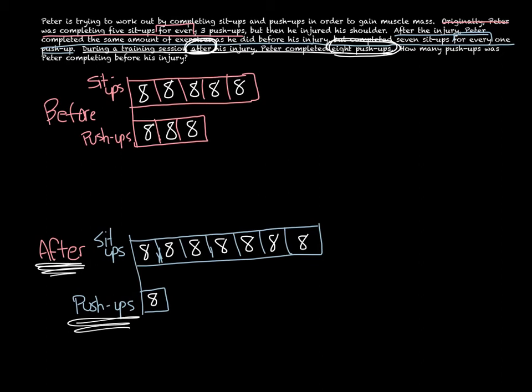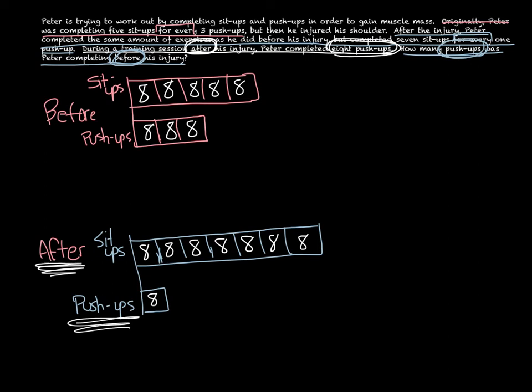So now I simply have to look at my question. So the question says, how many push-ups was Peter completing before his injury? So now I'm looking at the before tape diagram, and I only want to know how many push-ups he was completing before.